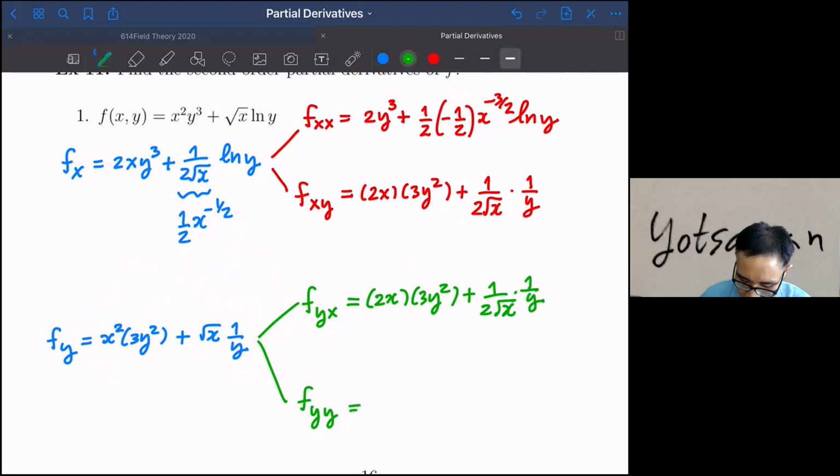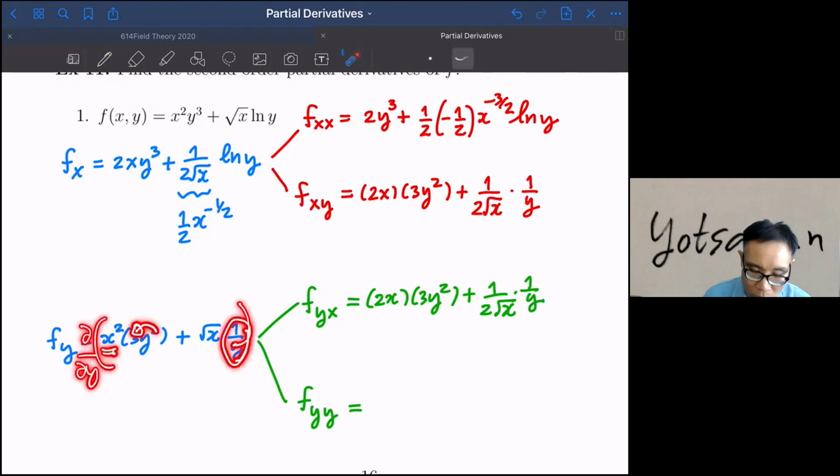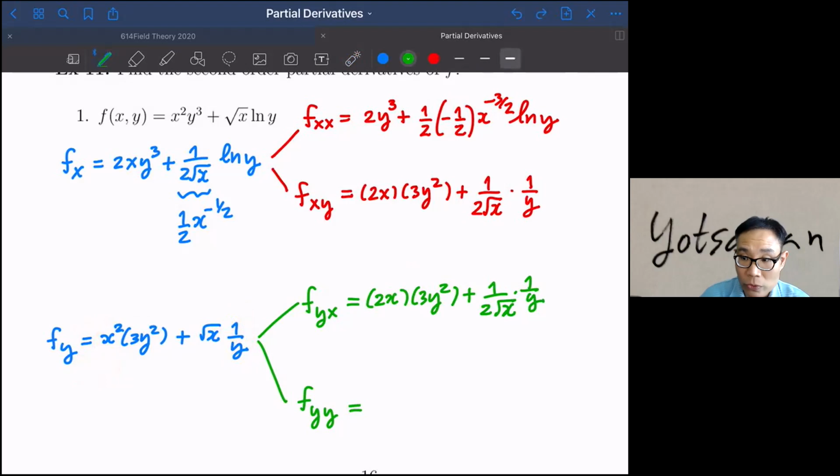And for fyy, you're going to differentiate this guy with respect to y. So you see x squared stays constant, and you're going to just differentiate 3y squared. So it would give you 6y, and you differentiate 1 over y. The derivative of 1 over y in this case is y to the negative 1, and it would allow you to get negative 1 over y squared.